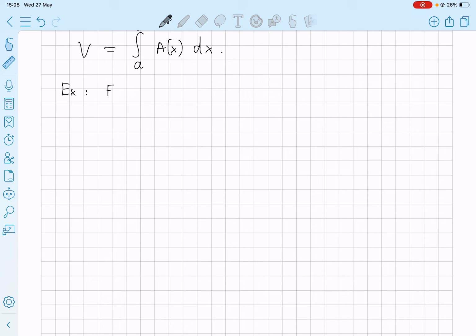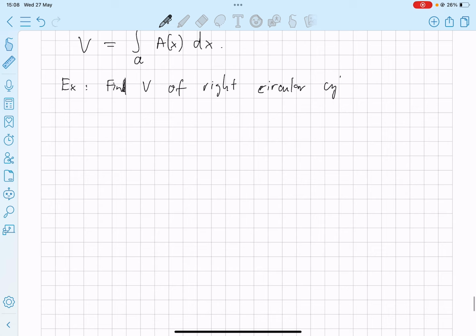Find the volume of a right circular cylinder of radius r and height h.